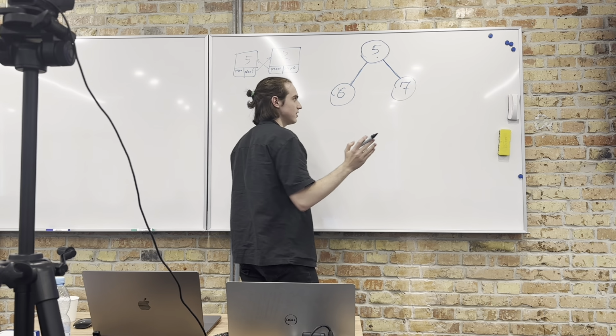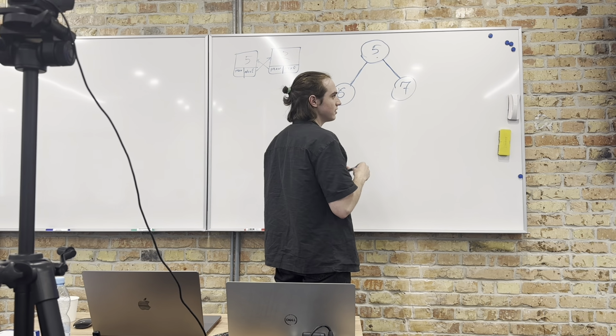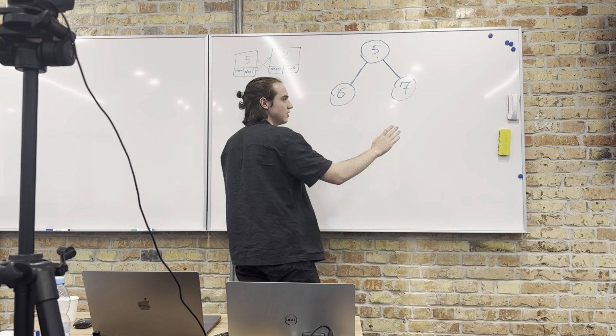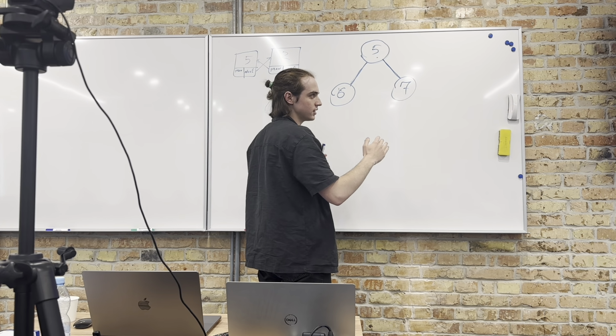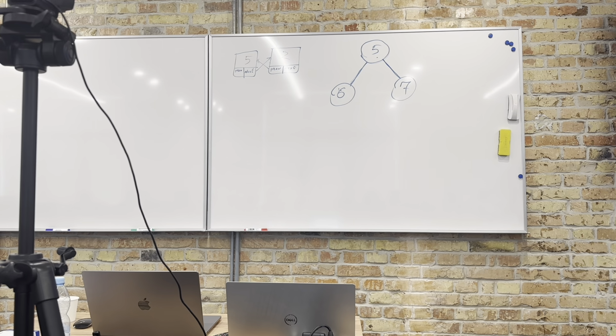Branches, like in a real tree, are parts of the tree that are lower than our root. So in this example, we can see that our left branch is everything on the left side, and the right branch is everything on the right side.